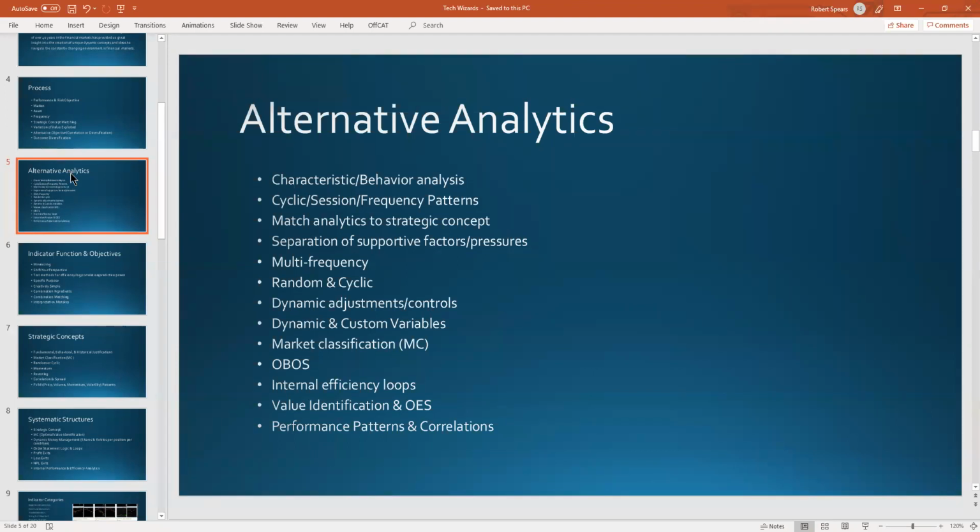And then market classification. This is kind of instrumental to us. We use market classification very heavily in the majority of our concepts. We don't necessarily use it to derive alpha. We use it more within the OSL structure, so it's order statement logic.